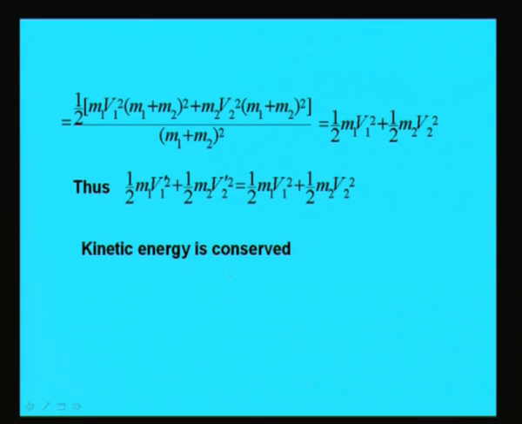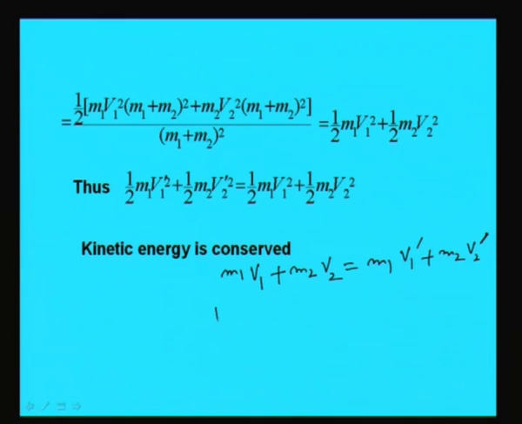See, two bodies are colliding: mass m1 moving with velocity v1, and the other is m2 with velocity v2. Momentum conservation gives m1 v1 plus m2 v2 is equal to m1 v1 prime plus m2 v2 prime. Now your goal is just to find v1 prime and v2 prime.